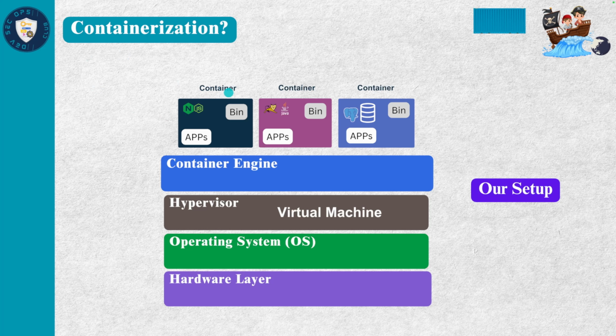Similarly, in container it would be the same, or I would say it's even easier than installing and creating a virtual machine. In a virtual machine you install the operating system, and in containerization, instead of installing the operating system, you create the container.